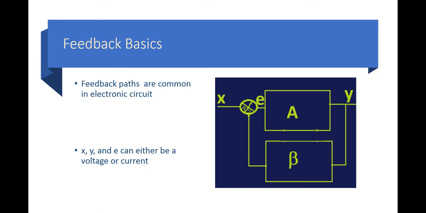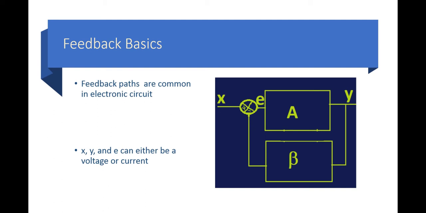And then there is another issue. When X is a voltage and the feedback signal has to be subtracted from X, then the feedback would be in series with X, because voltages can only be added or subtracted in series.